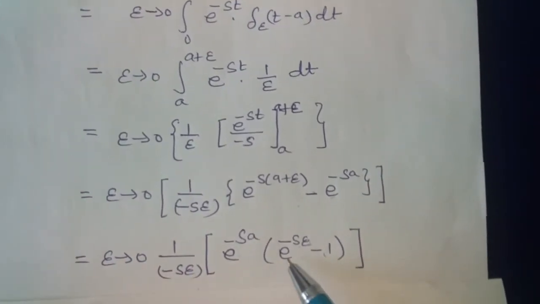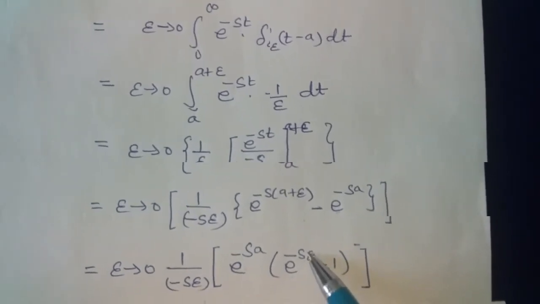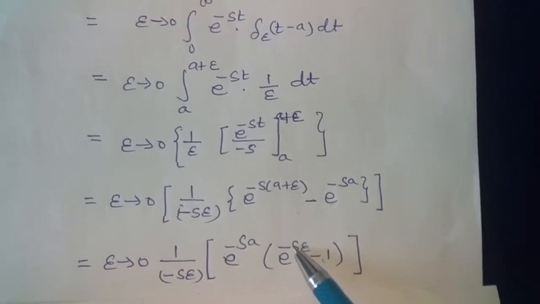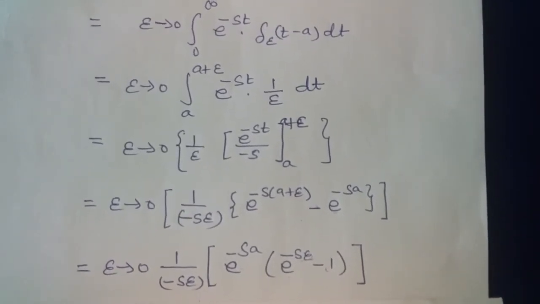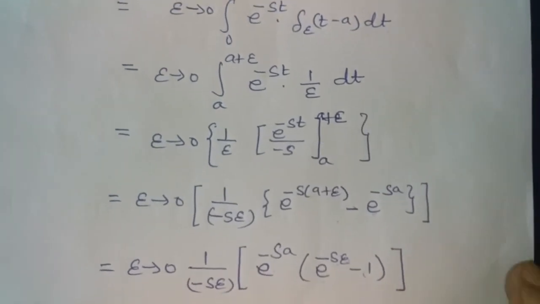Now we expand the term e raised to minus s epsilon using the expansion formula of e raised to minus x, which is equal to 1 minus x plus x square by 2 factorial minus x cube by 3 factorial and so on.